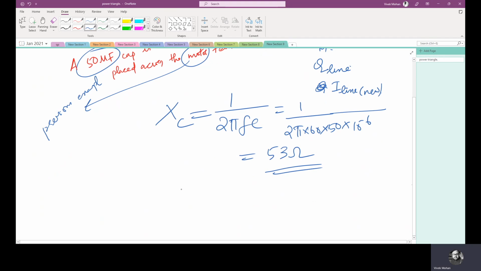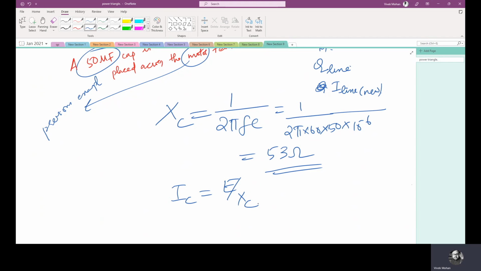Now, how will I find the current in the capacitor, IC? This is equal to E by Xc. Say the voltage input to the motor is E, and the motor may consist of both inductive reactance and capacitive reactance. As of now, we are only interested in finding the current through the capacitor.